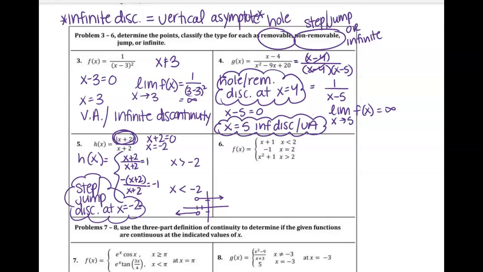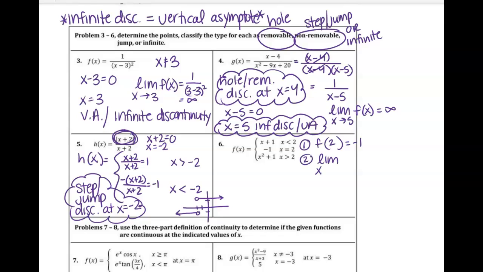So for number 6 here, basically, normally if you were checking for a discontinuity, you would do the continuity test. In this case, we kind of know there's going to be one because when you look at the instructions, it says classify the type of discontinuity. But for the sake of argument, let's say we just want to check. So let's do the continuity test. So first of all, f of 2, because we're checking just our 2, is negative 1.